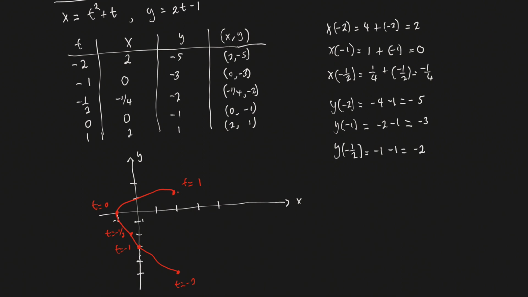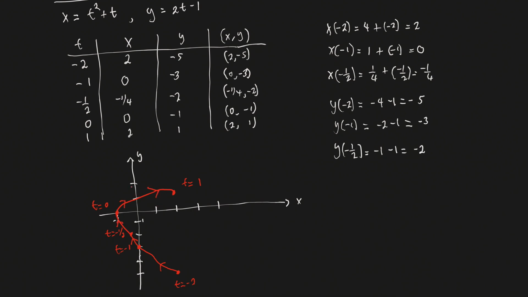And the other thing I'll say too is notice that as we increased t, as we chose bigger and bigger values of t, we started at this point, and then it's like we added a certain direction, and then the curve ended up doing something like this.